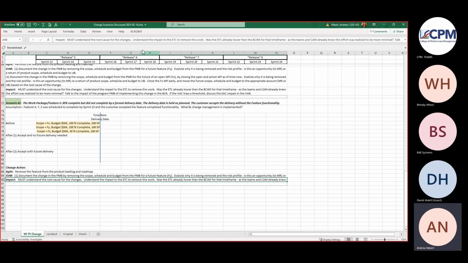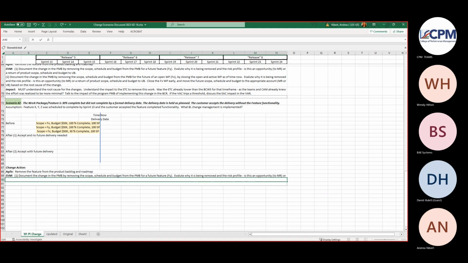So let's go ahead and talk about the easier one first, which is after one. So what do you think? Does that just end up being a cost variance, an underrun maybe, if we're assuming the actuals were less?